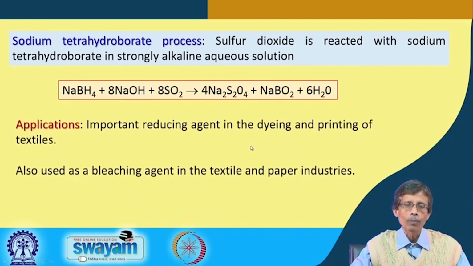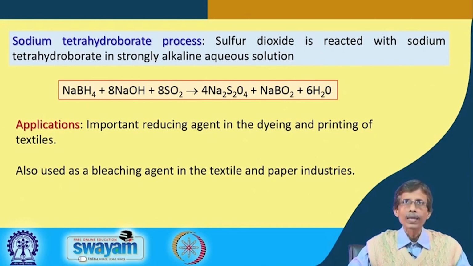So, we should be careful about all the composition of this reaction. And this dithionite, Na2S2O4, has huge applications, and we should know, because all the time what we are looking for is how we can produce it industrially on a big scale, and what are the areas where this material can be useful.